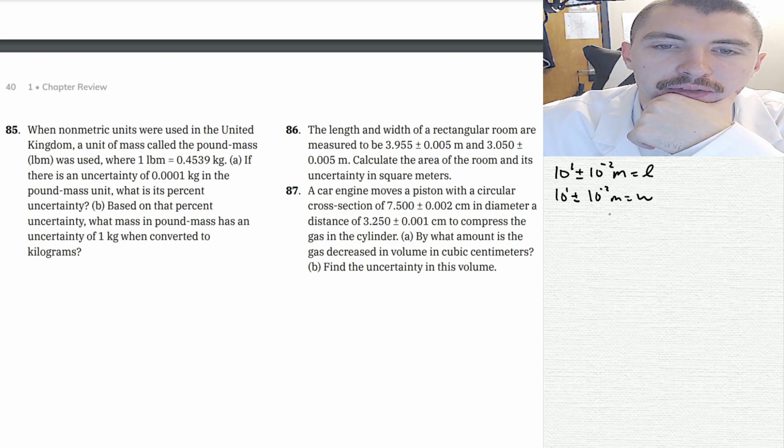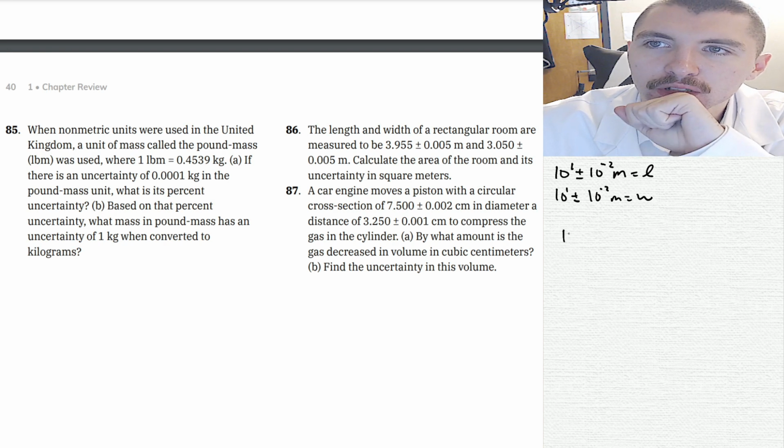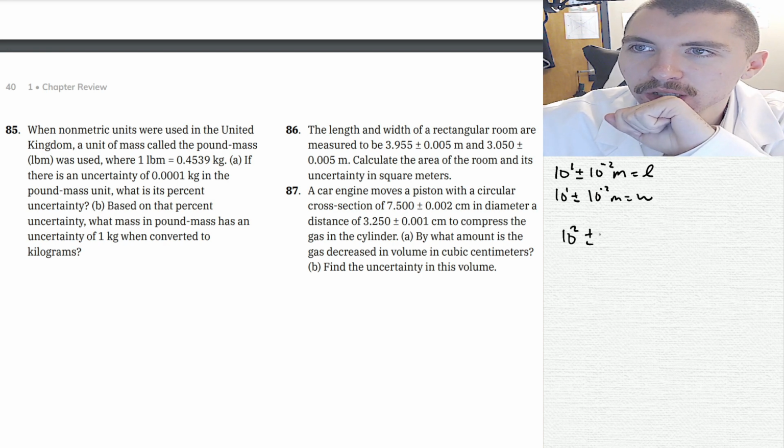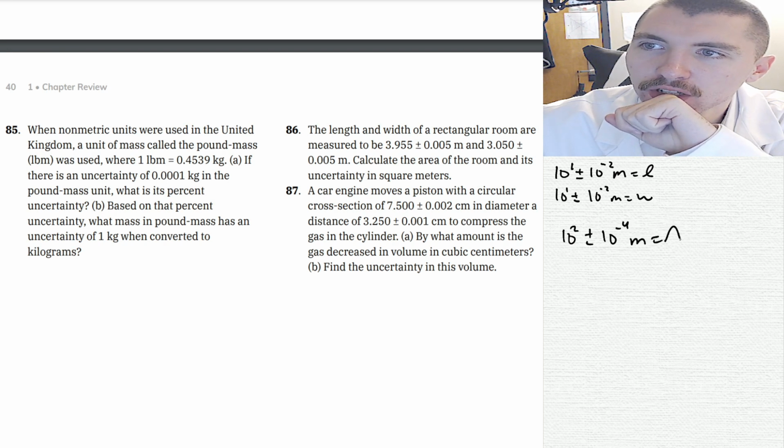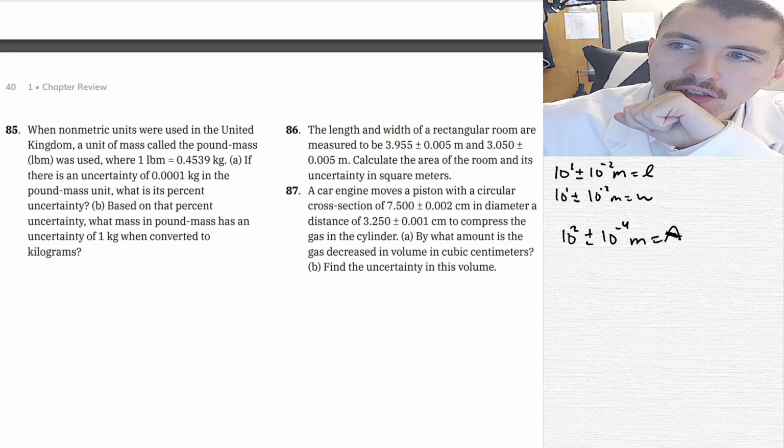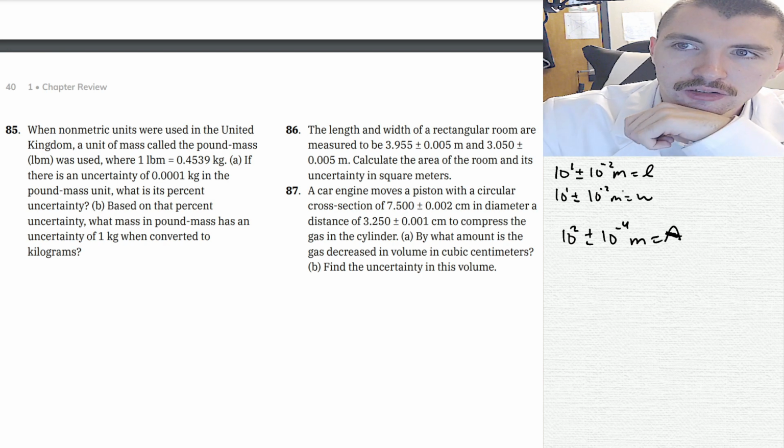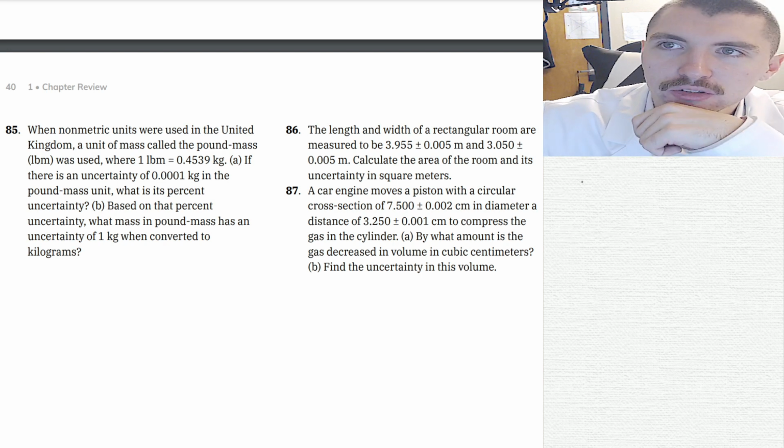Calculate area and its uncertainty in square meters. Okay, so the length times width, that's going to be 10 to the 2 plus minus 10 to negative 4 meters area. Okay, next question. Last one.